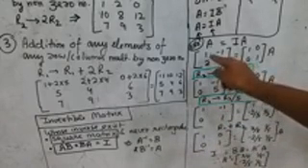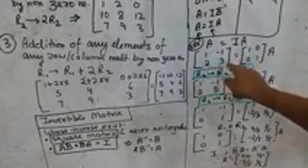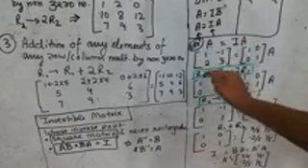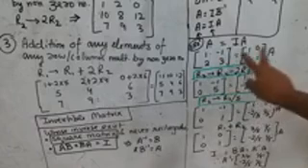Now we have to change this matrix into the identity matrix like this. Means we have to convert all the elements in the form of identity matrix like 1 0 0 1. And remember to apply the operation on both sides.